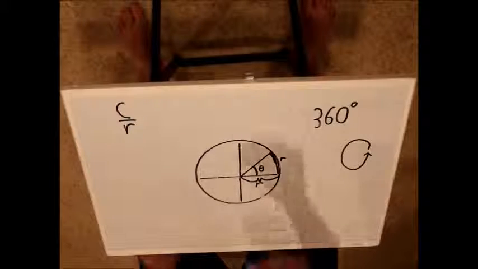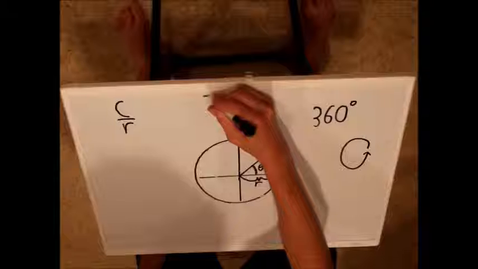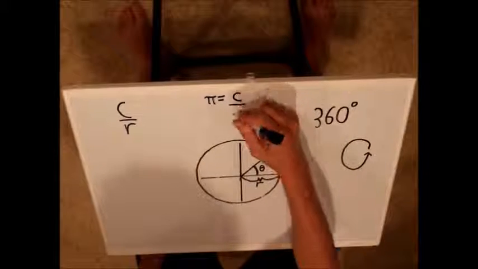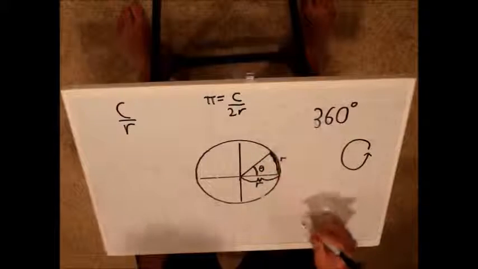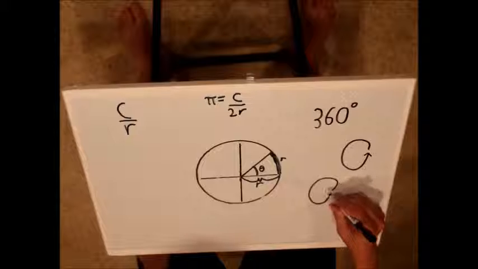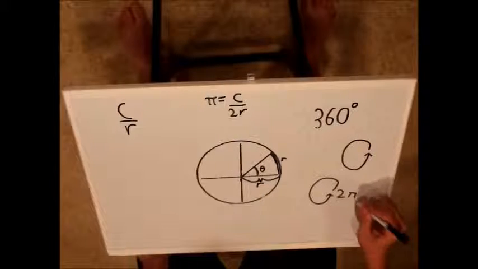Now, because pi is defined as circumference divided by 2r, all the way around is going to be 2 pi.